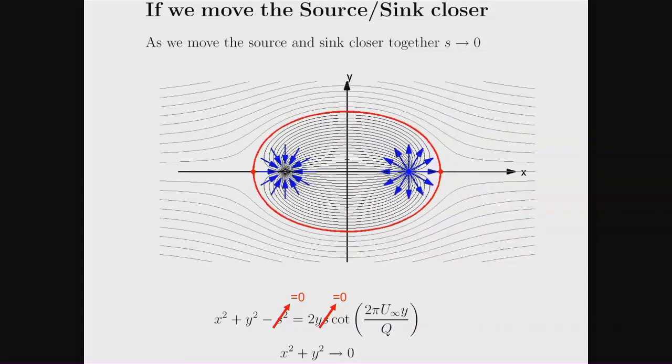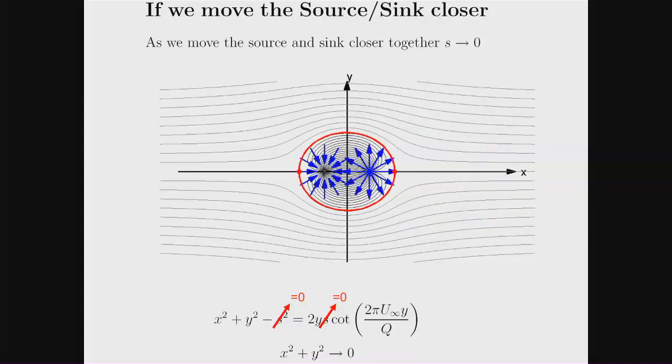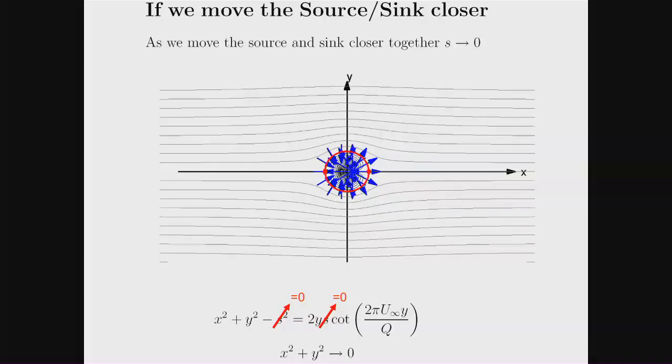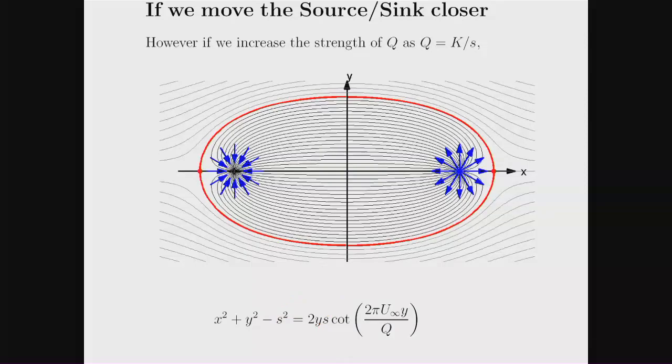I guess that's not very useful, because then you just end up with a uniform flow. Basically, your source and sink just cancel each other off.